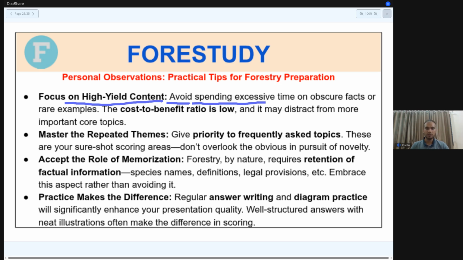Use mnemonics, use flashcards, because you will have to write those things, and without memorization you can't write the names of species or scientific names. So accept that and move on with life.